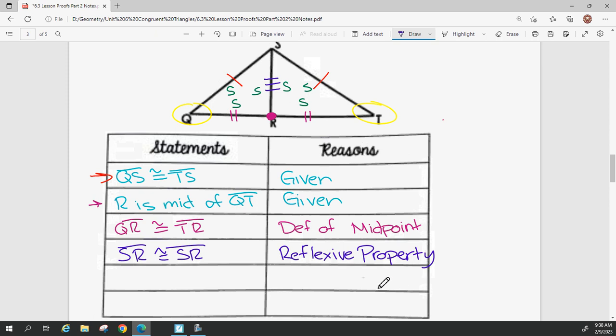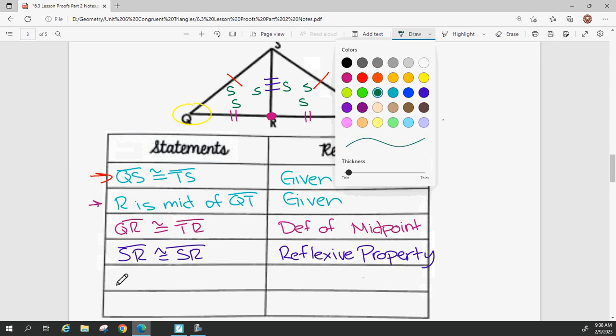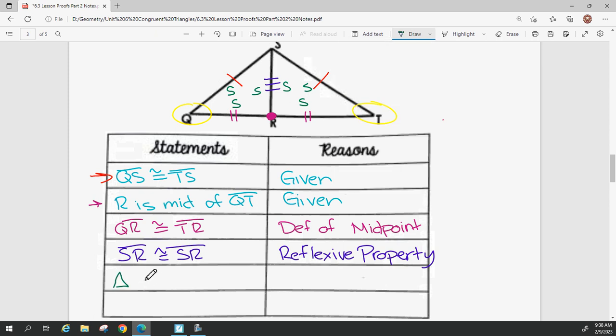Those three things that we marked up told us that we had side, side, side. And so now we can say that these triangles are congruent by side, side, side. And so the very last thing we want to do is say that these two angles are congruent.